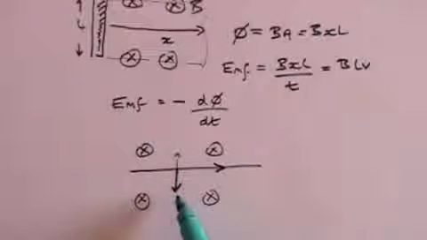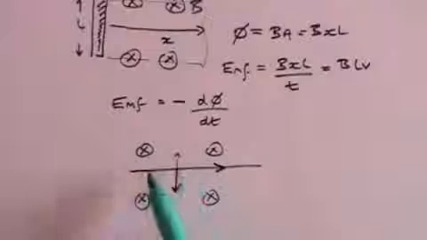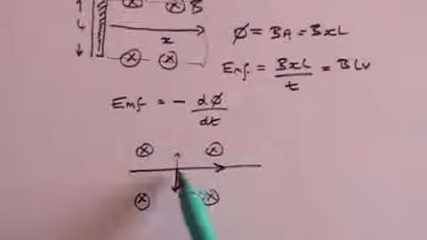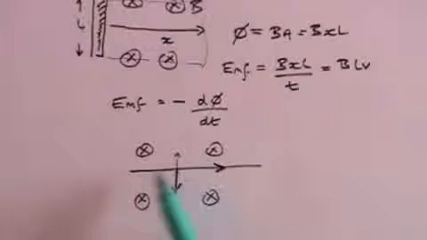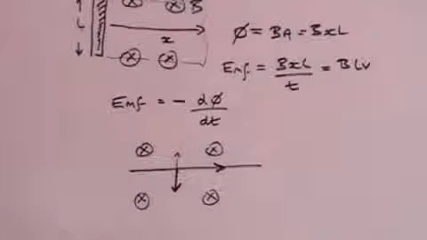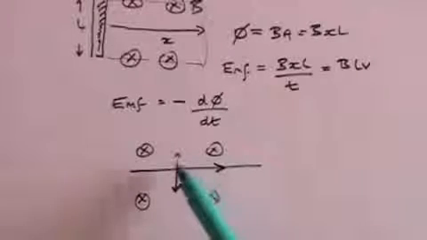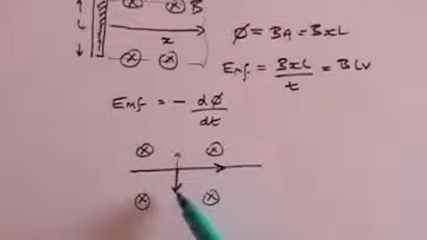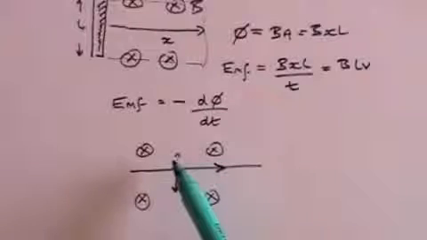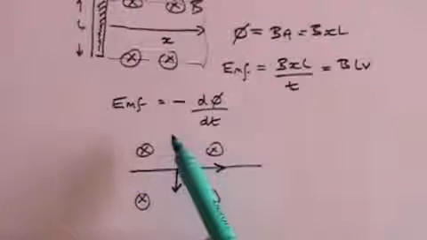But that would create an even greater current, and that greater current would cause it to move down even more, and that would cause an even greater current. You would get this perpetual feedback. And that's why Lenz's law says, no, it's the other way round. When you move the wire down, the current flows in such a way as to create a force in the opposite direction.